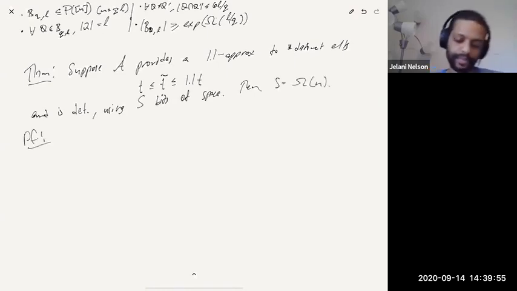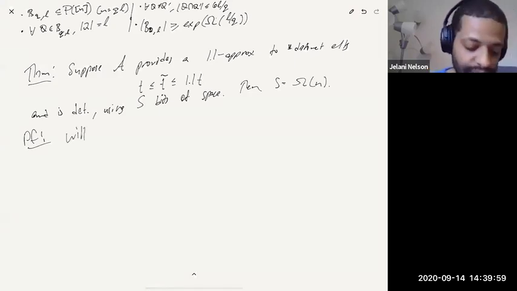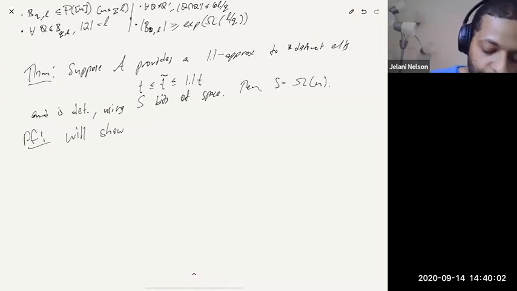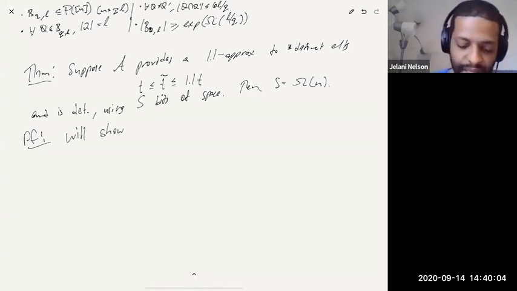So let's prove this. We will show that the existence of such an A implies the existence of an injection from a big set to a small set.